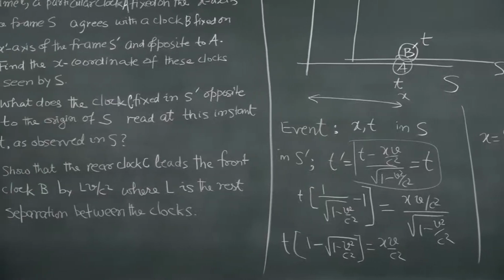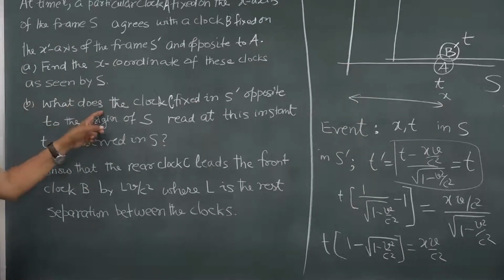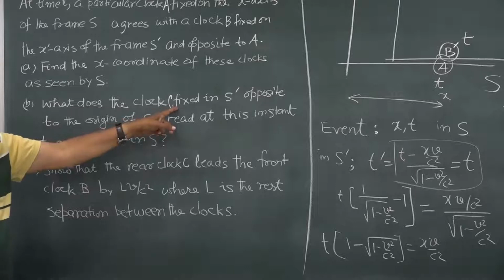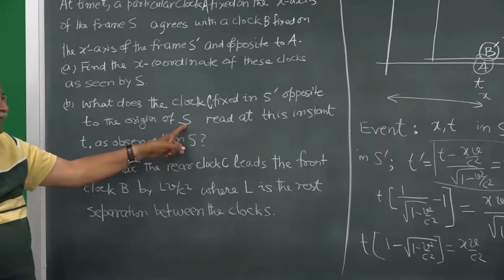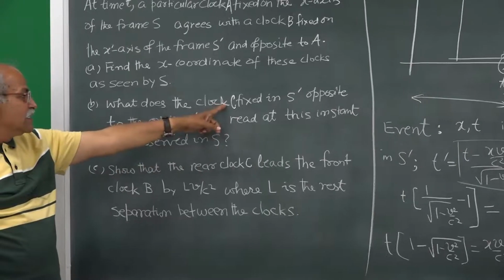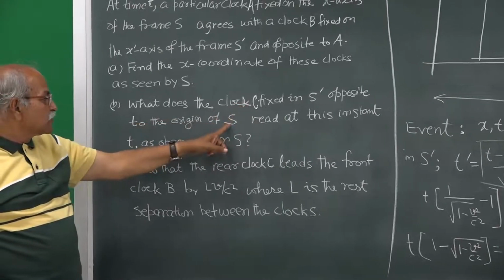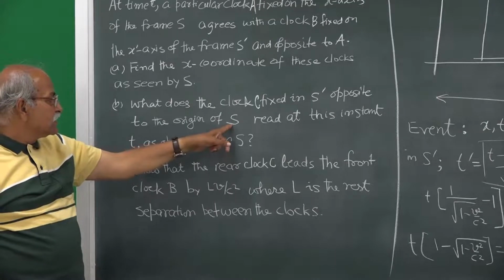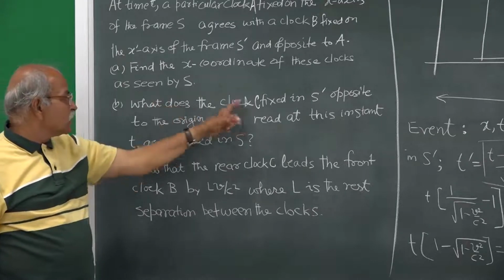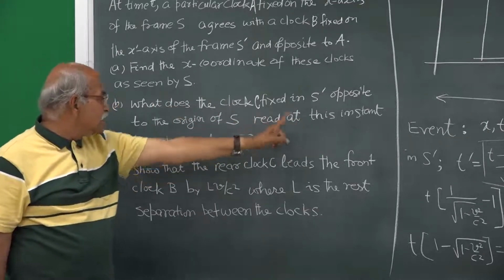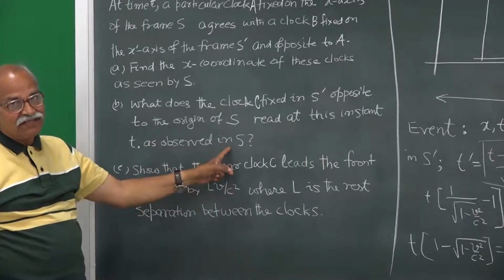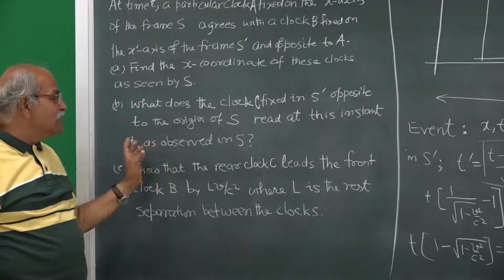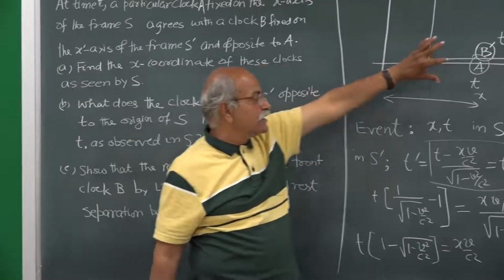Now the second part is: what does the clock C fixed in S prime opposite to the origin of S read at this instant t as observed in S? So in S frame at time t these two clocks are agreeing.